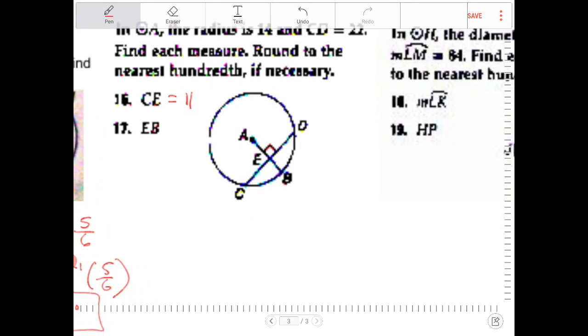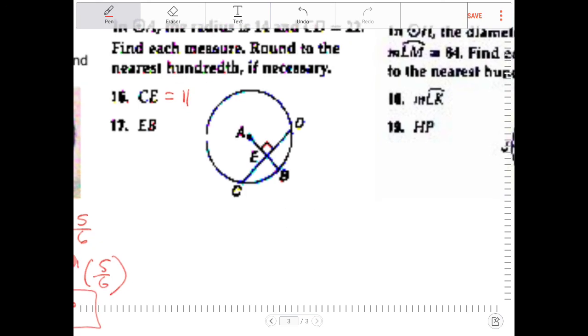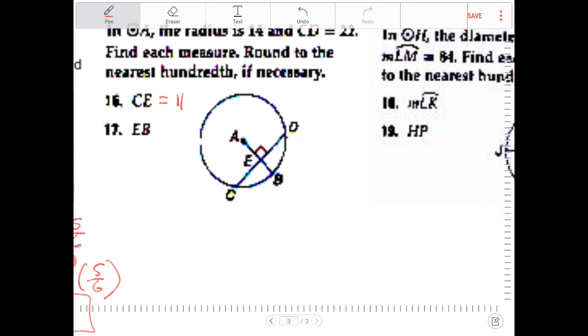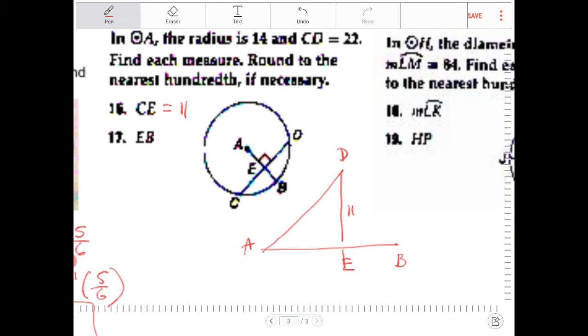So essentially what I have is this situation. I have A, D, E. ED is 11. And the radius is 14, so therefore AD is 14.